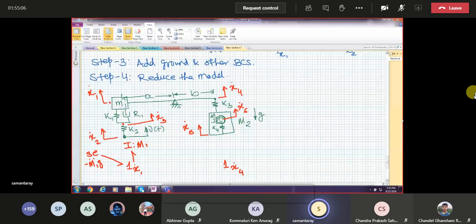Where is x2? Oh, this has become twice. This is not x4, this is x2. So x2 dot minus x3 dot.